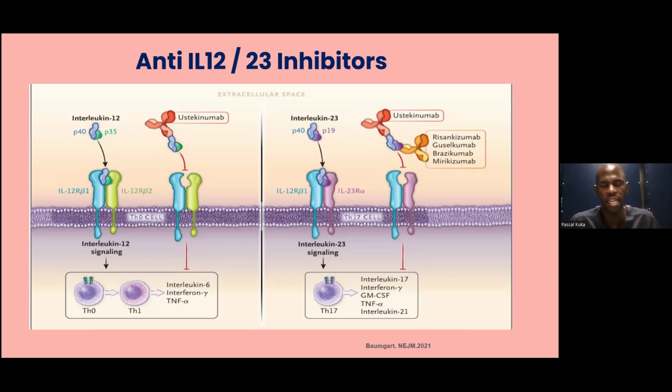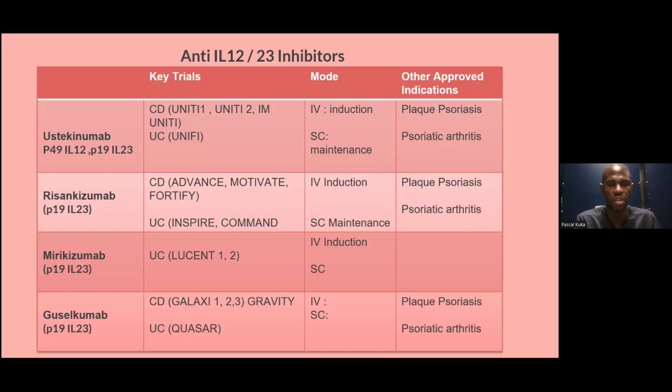So it has effects on both interleukin 12 and interleukin 23, as opposed to the other drugs, risankizumab, mirikizumab, and guselkumab, which are specific to the P19 subunit of interleukin 23.